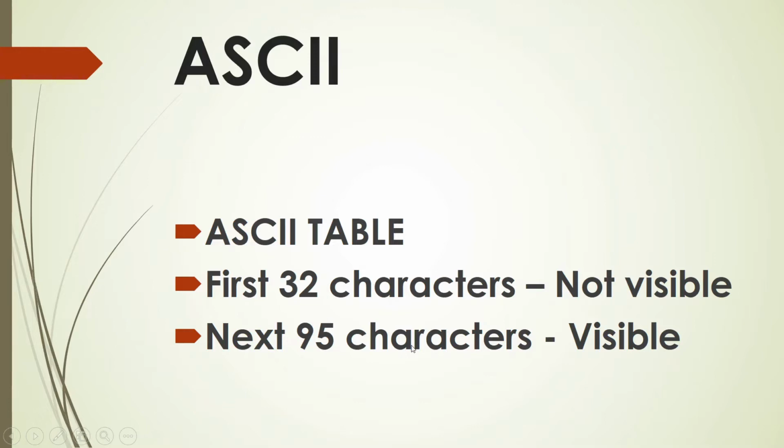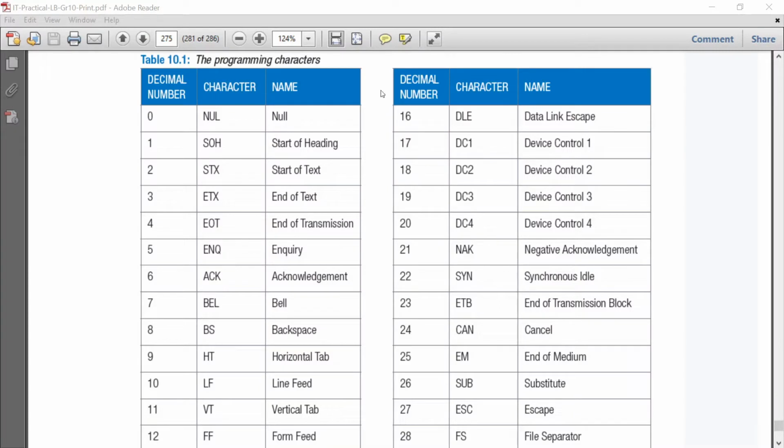Computers store all their data as binary, that is, as numbers. People realized that they wanted to store text, so they linked characters to numbers so that it can be stored. So let's look at the ASCII table. On the ASCII table, the first 32 characters are not visible on the screen.